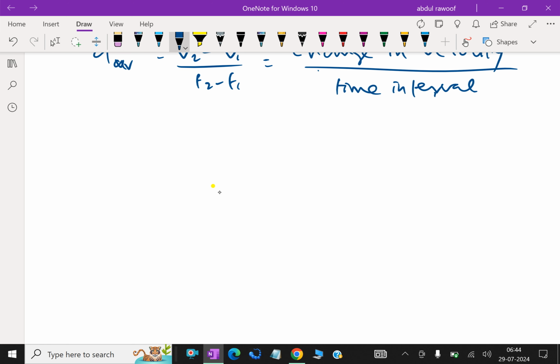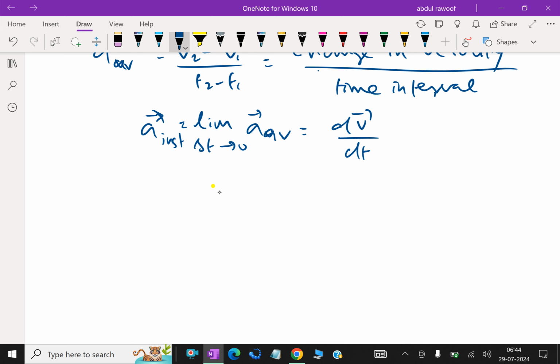Therefore, you can say instantaneous acceleration equals limit delta t tends to 0 of average acceleration, equal to dv vector by dt.